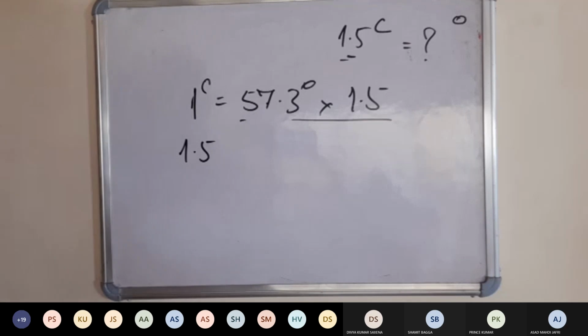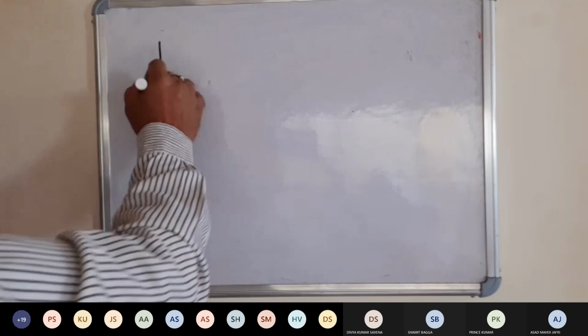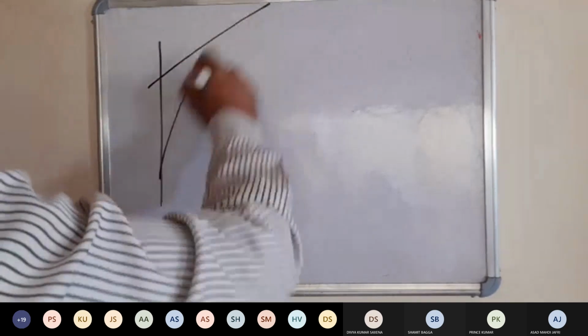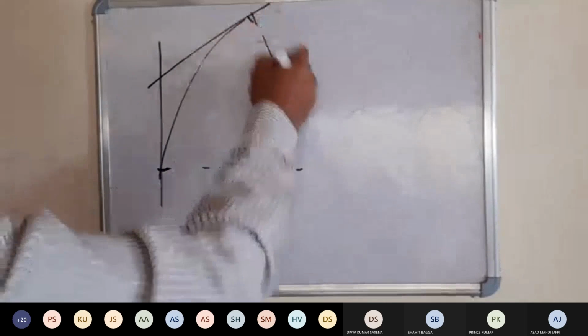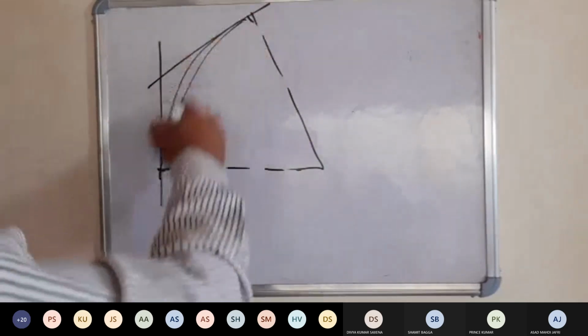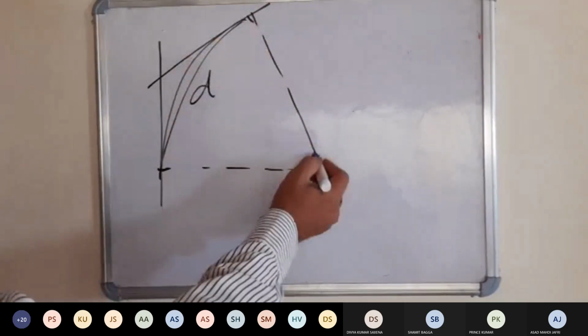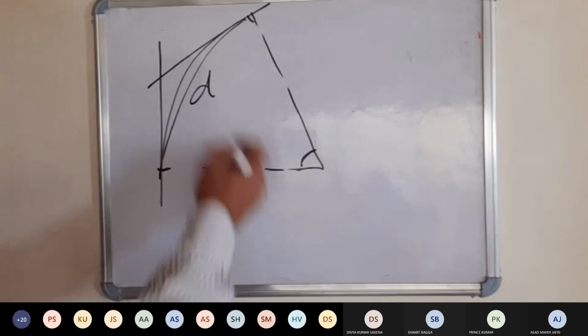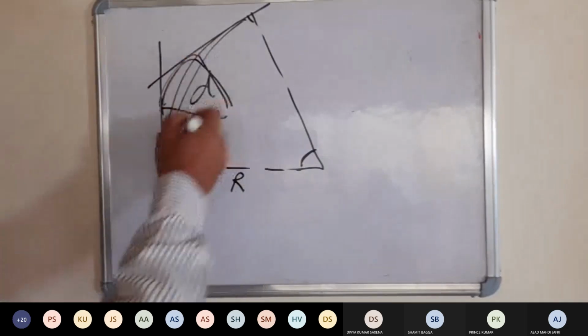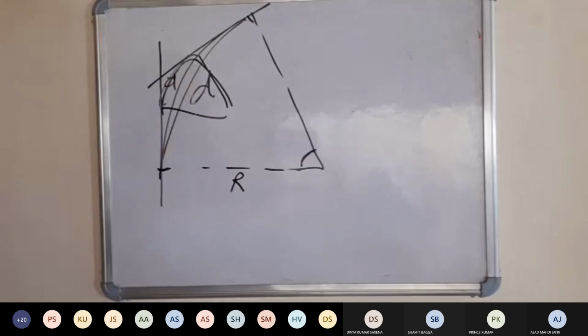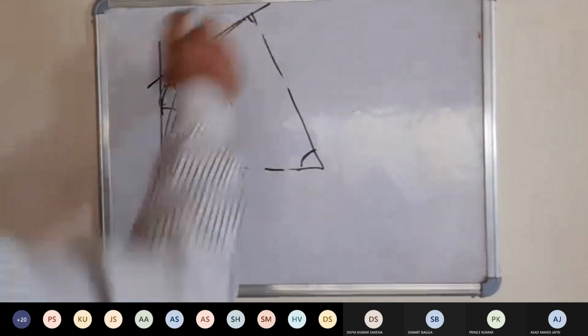So now we are going to derive the formula for this relationship. Remember that when turning the vessel, the distance is a direct function of the radius. This distance d is a function not only of the angle but also of the r. अगर r छोटा होगा तो distance भी छोटा होगा. r बड़ा होगा तो distance भी बड़ा होगा.